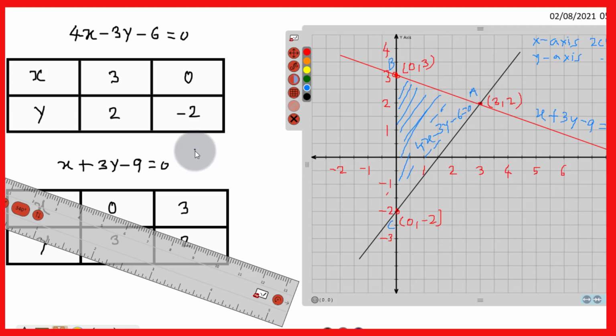The coordinates will be A, that is 3, 2, and B, that will be 0, 3, and C, that will be 0, minus 2, and we have got the coordinates of the vertices of the triangle formed by these 2 lines and the y-axis.